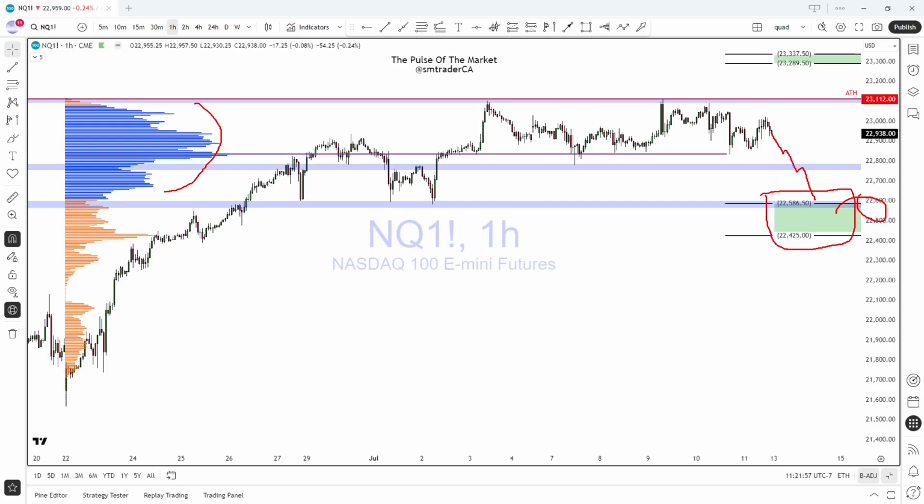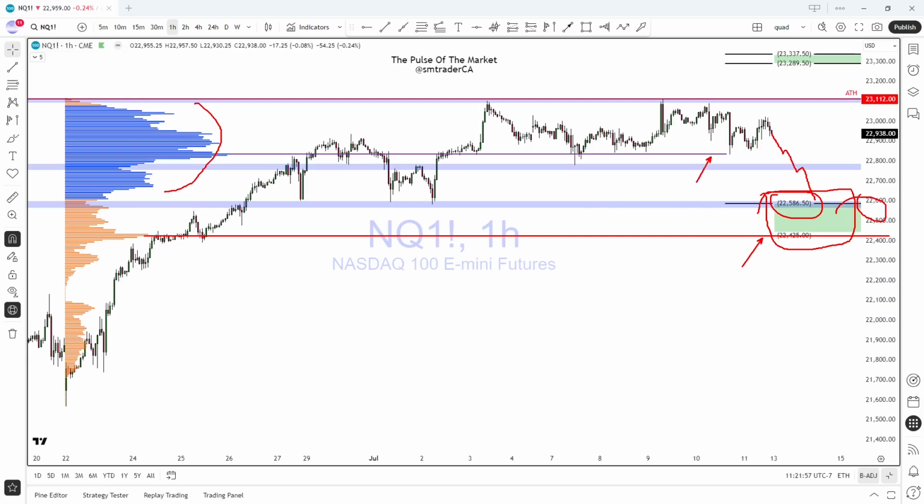Now notice there is a high volume node here. So if it breaks that low volume zone up here at the 22,586 area, then look for the lower edge of the lower range of the weekly expected move around the 22,400 area. So that is one of the possibilities for the downside move.